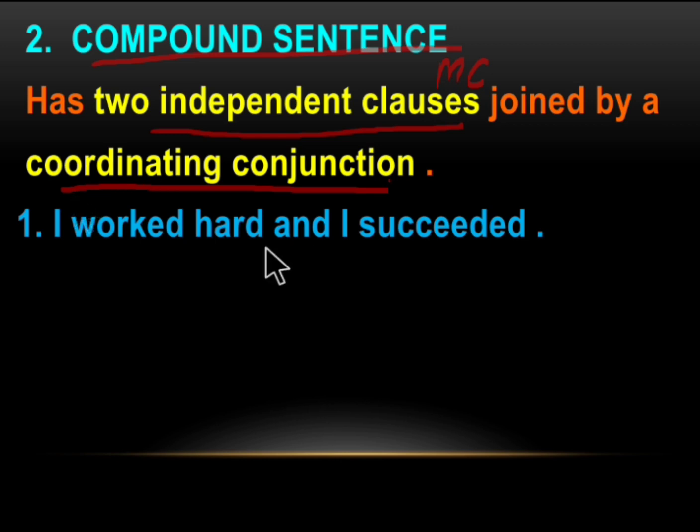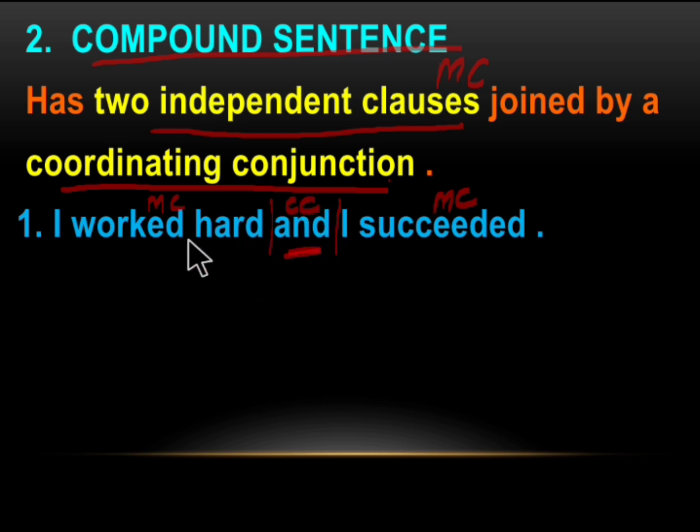I worked hard and I succeeded. Here, I worked hard is one main clause, and I succeeded is the other main clause. Now, this and is the coordinating conjunction.